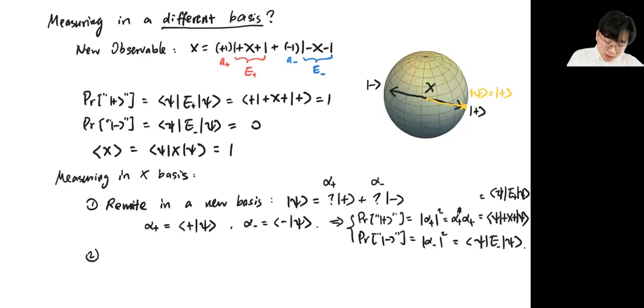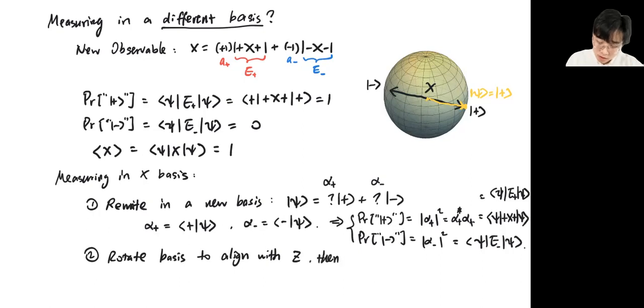The second way to visualize this measurement in a different basis is a more geometric picture. You can think of it as first rotating the new measurement basis to be aligned with my good old z-axis, and then just performing the measurement in the z-axis as we did before.